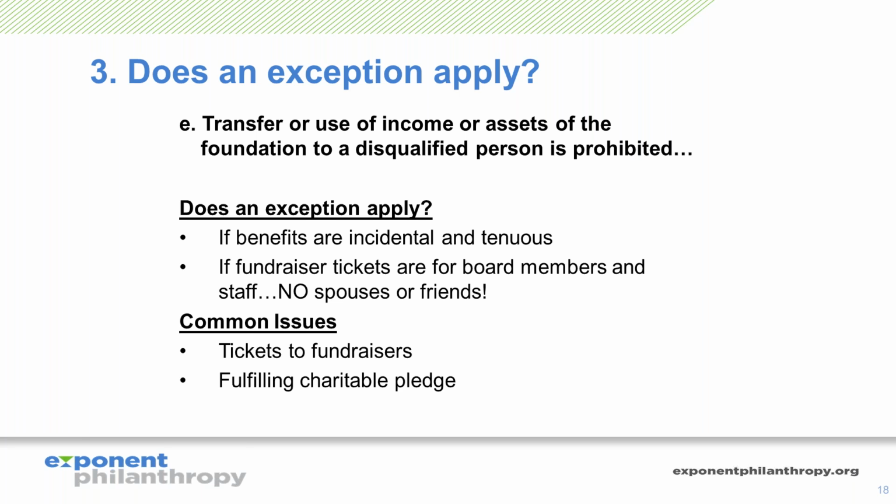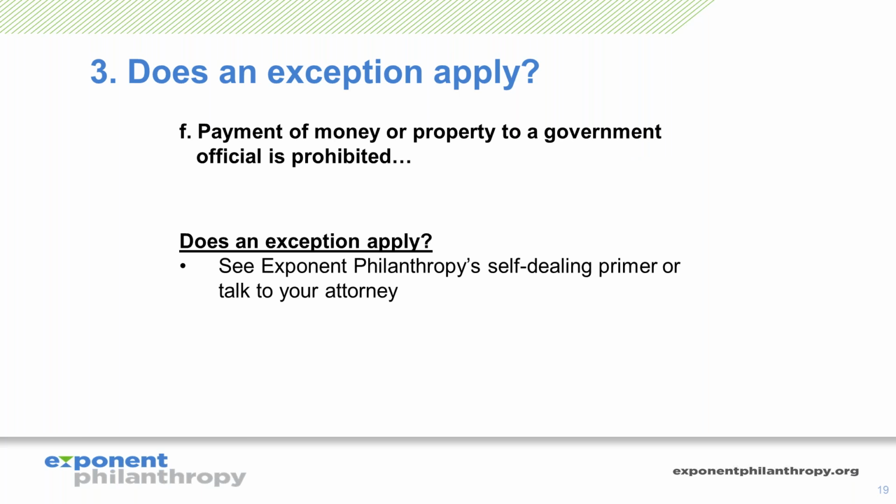You would have to unwind the pledge, and then the foundation could pay it, but you would have to unwind it first. And it's a narrow rule because it technically applies only to legally binding pledges. The difficulty here is that what is legally binding is determined based on state law and is not always clear. So anytime there's a charitable pledge involved, you need to be alert.